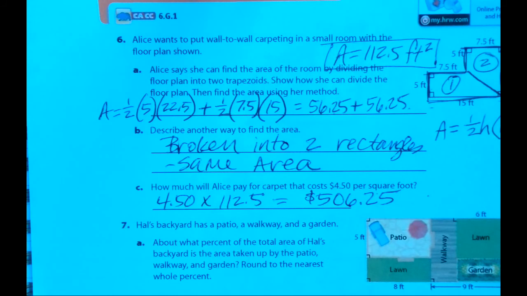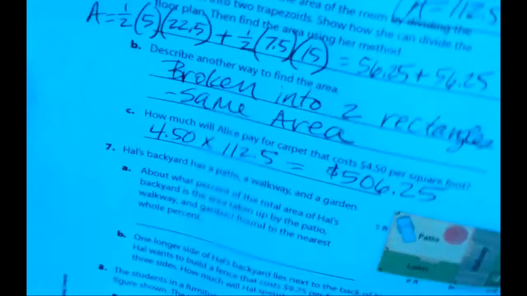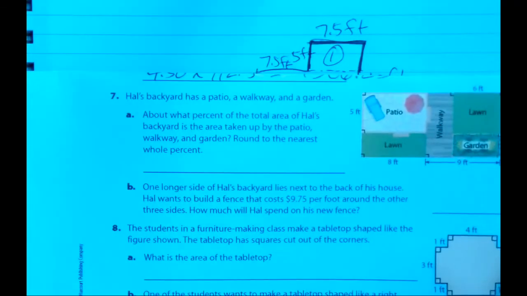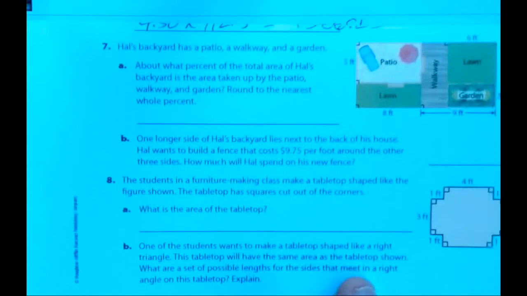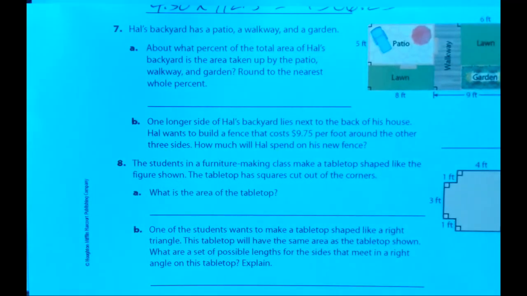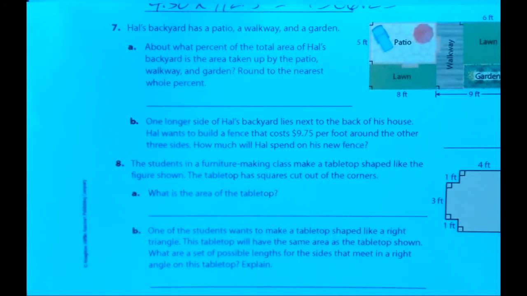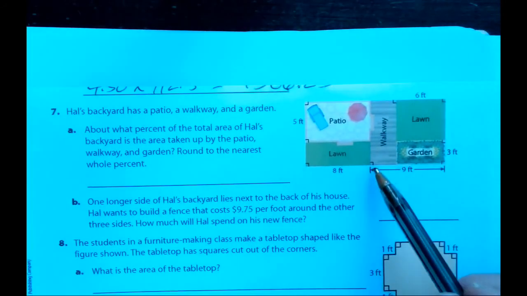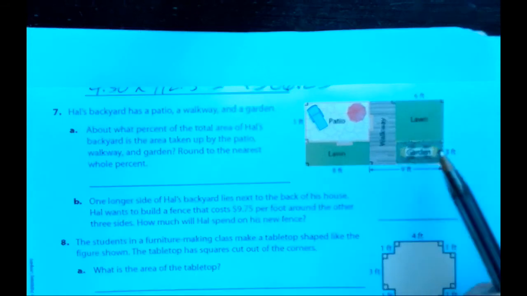I want to look at number 7. I'm going to fold my paper over so we can see it a little bit better. All right, here we have a picture of a backyard. And it says this is Hal's backyard. It has a patio, a walkway, and a garden. It also has some lawn, if you can see.